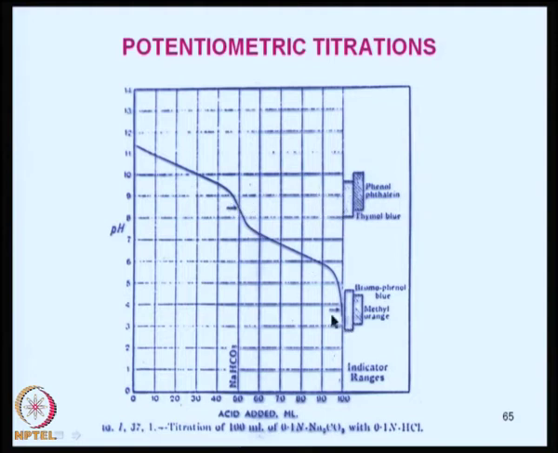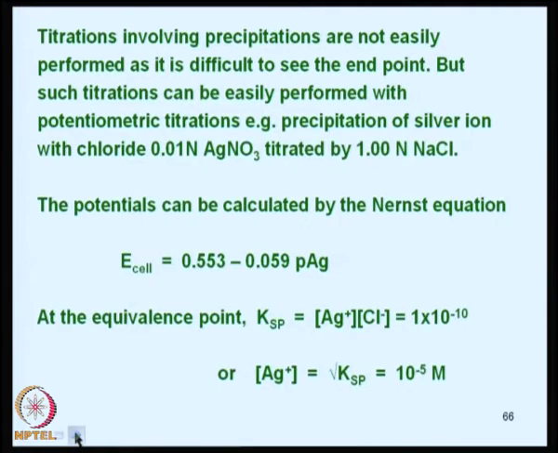There is another inflection point somewhere here, corresponding to pH 3 or so, and there is another indicator. So, we can carry out the reactions like this without much problem. So, what we are saying is acid base titrations can be followed by measuring the EMF, and you can get an accurate endpoint.